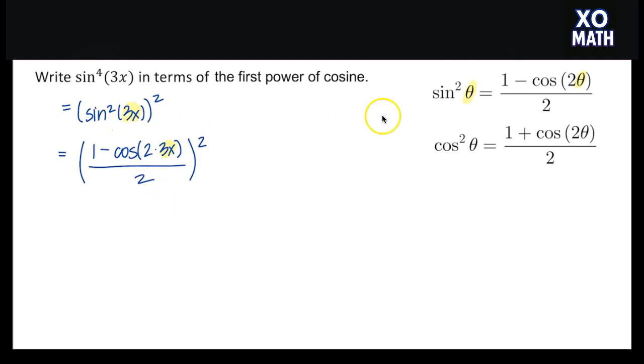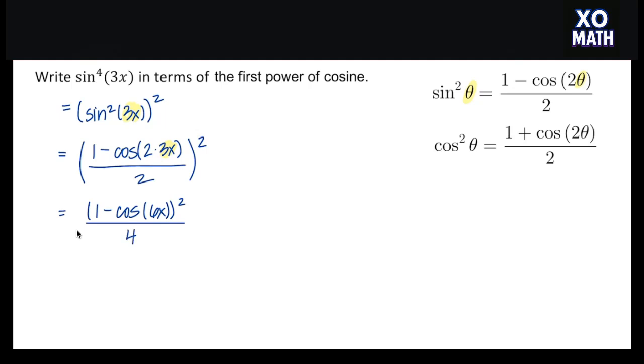So now we have applied one of the power reducing identities, and then let's take a look at what we have here. So I have a quotient that's being raised to the second power. So what I'm going to choose to do is rewrite the numerator, 1 minus cosine of 6x, all squared, and then the denominator is 2 squared, which is 4.